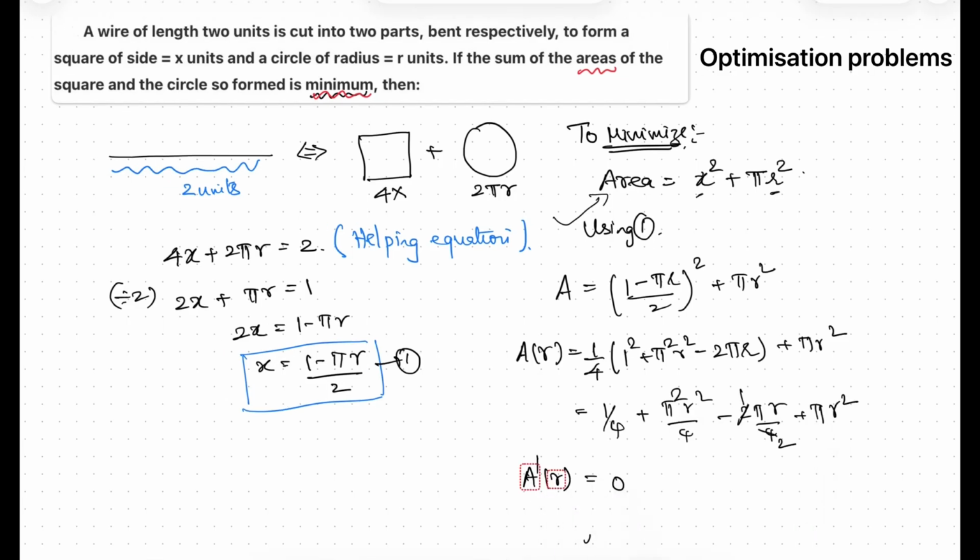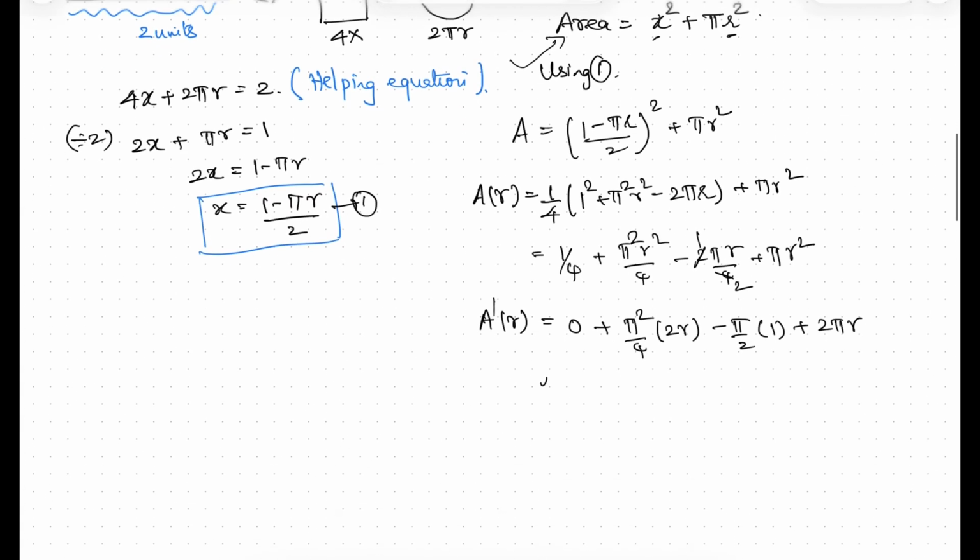It becomes 0 plus pi squared by 4 times 2r minus pi by 2 times 1 plus 2 pi r, which is the first derivative of this area function. Let me also simplify it. We get pi squared r by 2 minus pi by 2 plus 2 pi r as the first derivative of my area function.